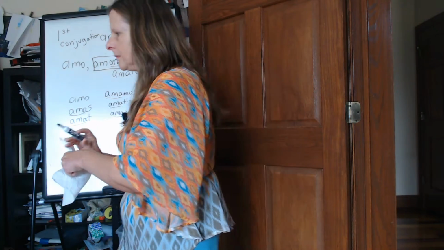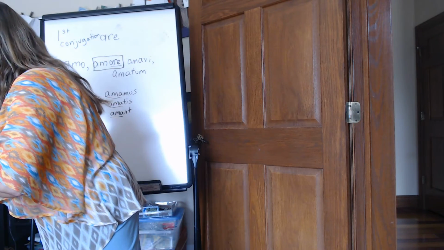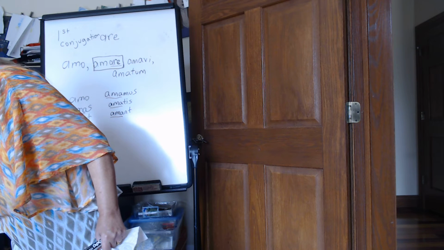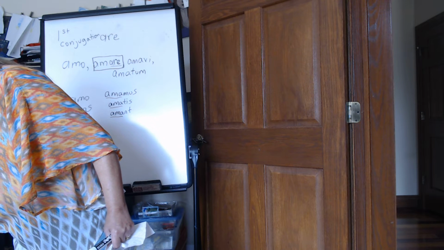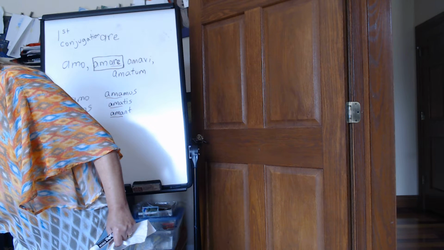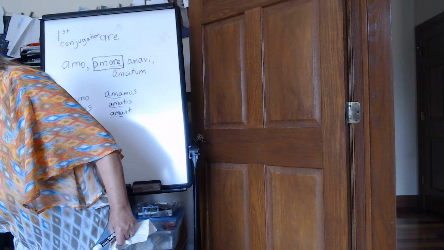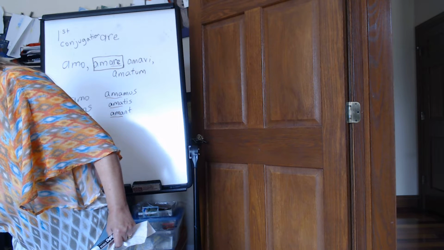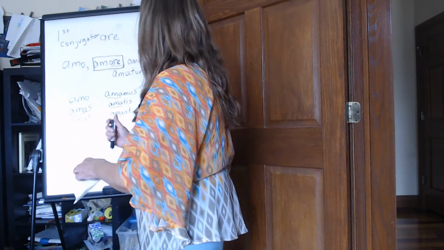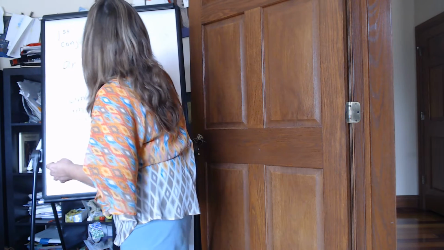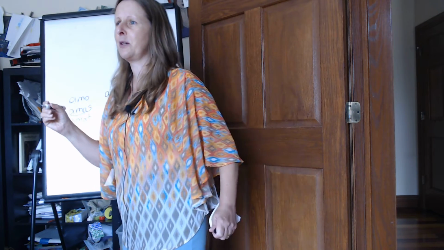So the infinitive tells you what conjugation it's in. And in exercise 3, it said, following the example of amare, conjugate the verbs cantare and navigare. So you should have done something exactly like this is what you should have done.